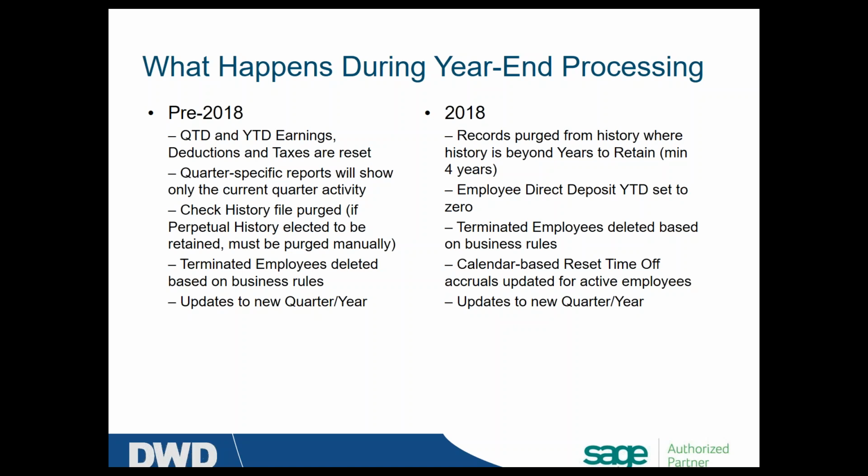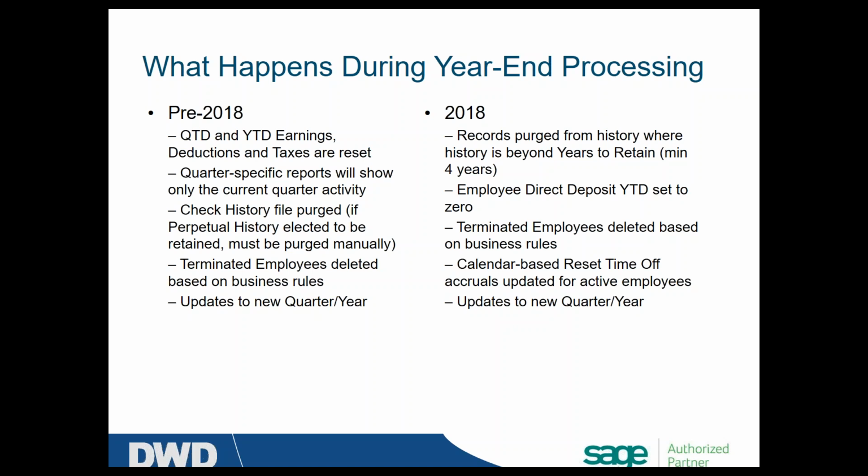There has been a report, that quarterly governmental report, that was used to facilitate your 940 reporting and even your unemployment reporting for your state. That stuff all gets reset and only displays the information for that current quarter.